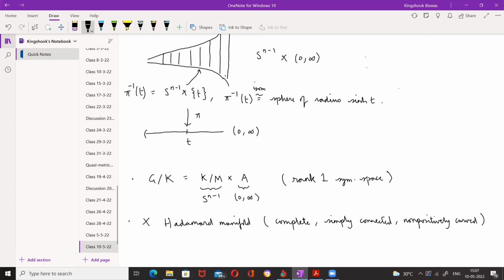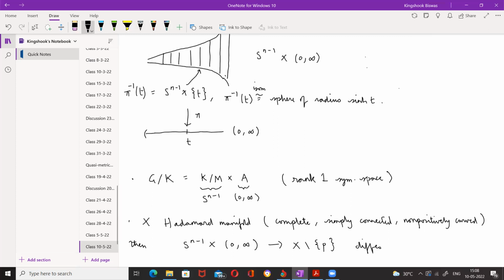Then we know by the Cartan-Hadamard theorem that S^{n-1} cross (0, infinity) maps to X minus p, and this is a diffeomorphism always, right?